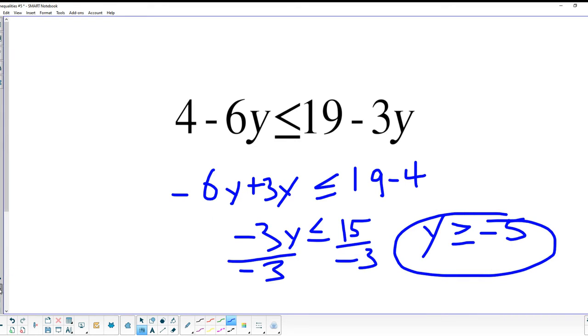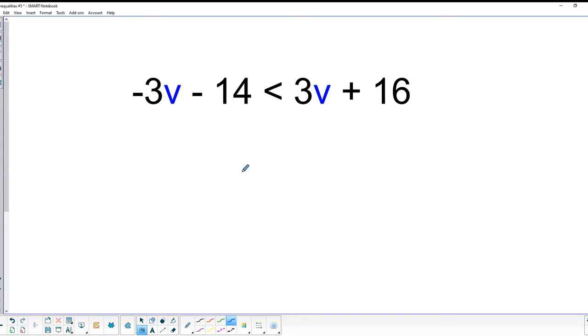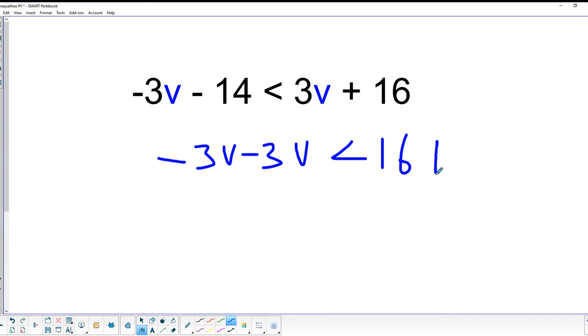These do not look much harder than the two-steppers if you think about it. All right, so in this one, we are going to move this 3v over with this negative 3v and minus 14 over with 16. So when we rewrite it, we have negative 3v on the left side. And bringing this over, it becomes minus 3v. And then we end up with less than 16 plus 14.